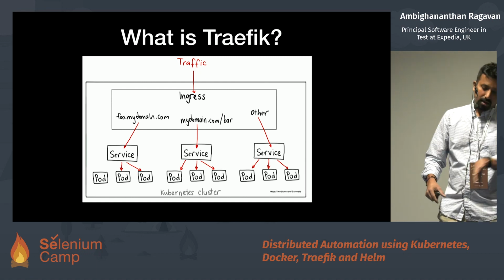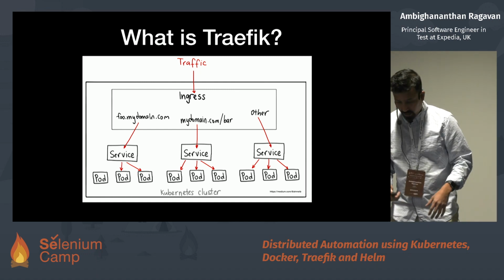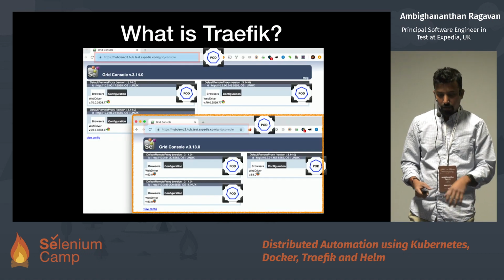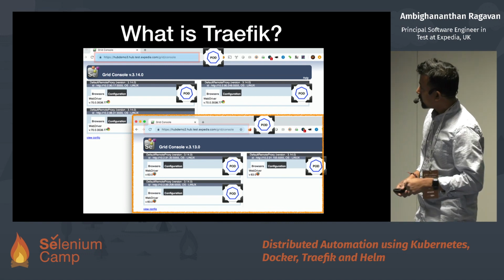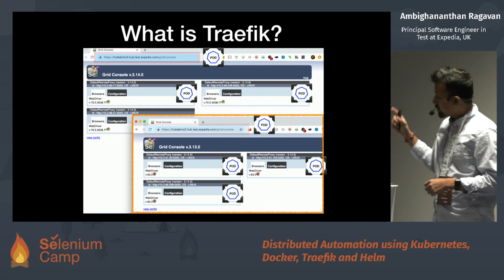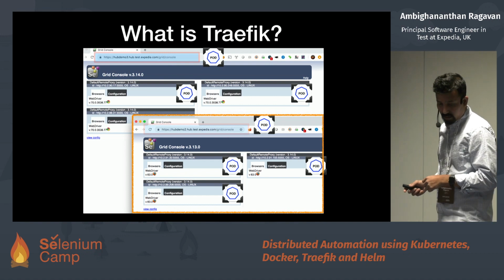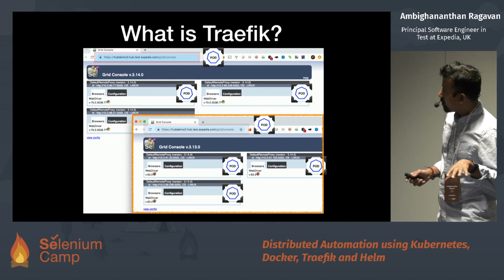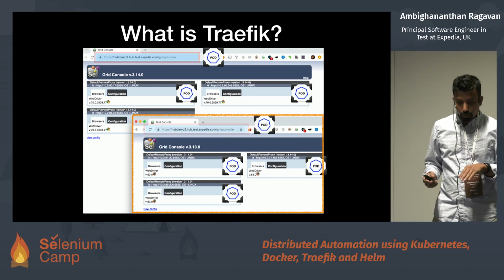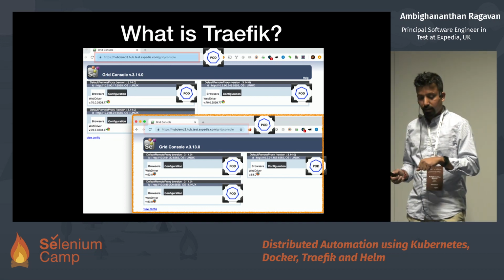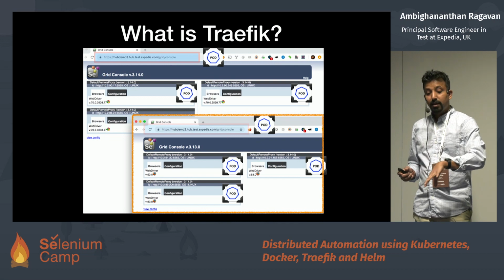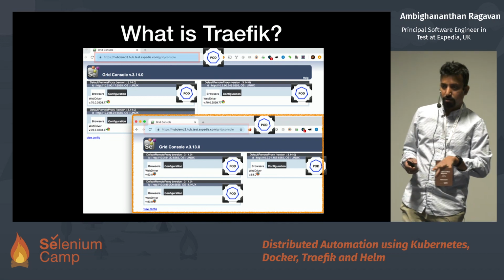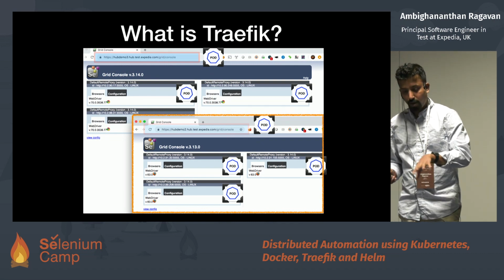Imagine these 3 pods are part of one hub. I think you will understand more when I show you this. In this slide, you have 2 hubs: hub demo 3 and hub demo 2. Hub demo 3 has 3 pods running Chrome browser, and hub demo 2 has 3 pods running Firefox browser. So there are actually 8 pods running in total, because the 2 hubs are also pods.